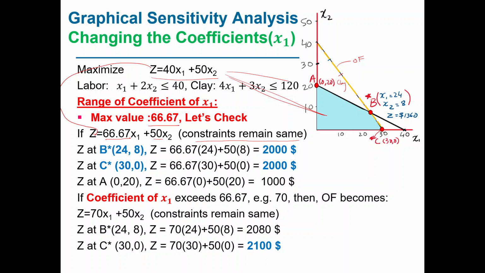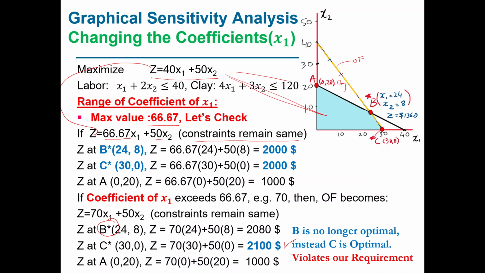At point C, with the coordinates 30, 0, the profit is now $2,100, and at point A, the profit is $1,000. Initially we had point B as the optimal point, but right now we have point C as the optimal point. So this violates our requirement, as B is no longer optimal; instead C is optimal.